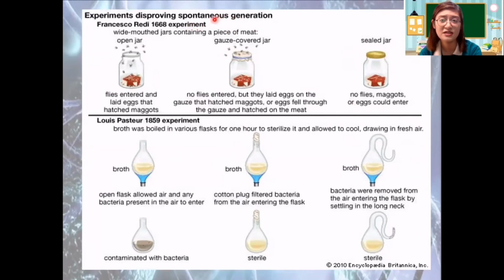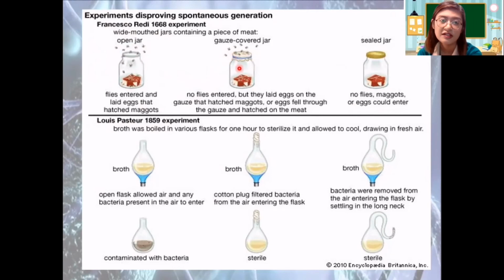And this was actually provided by Francesco Redi during his 1668 experiment and Louis Pasteur's experiment during 1859. Okay, so for Francesco Redi, he set up 3 jars. So 3 setups. First, he placed a piece of meat in an open jar.